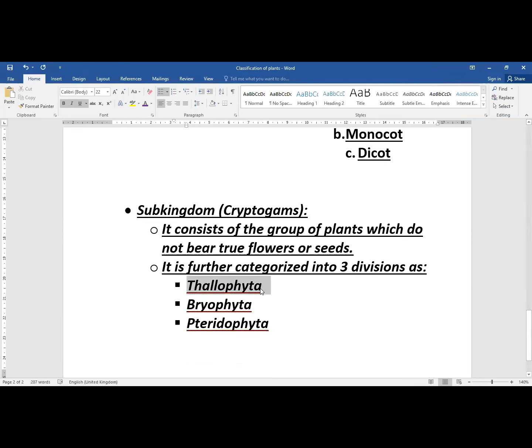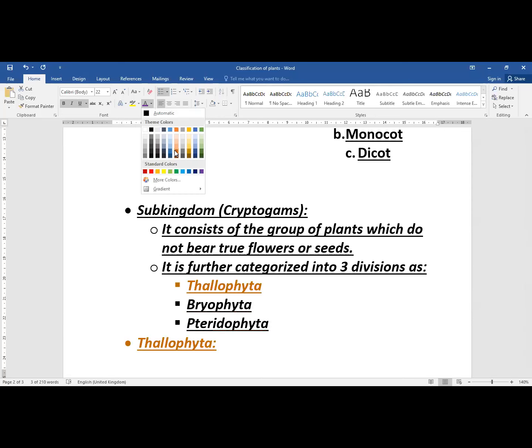Now let's make a new point and let's write about Thallophyta. So we'll copy this and we'll write it here. Thallophyta. All right, let's go through the content again.